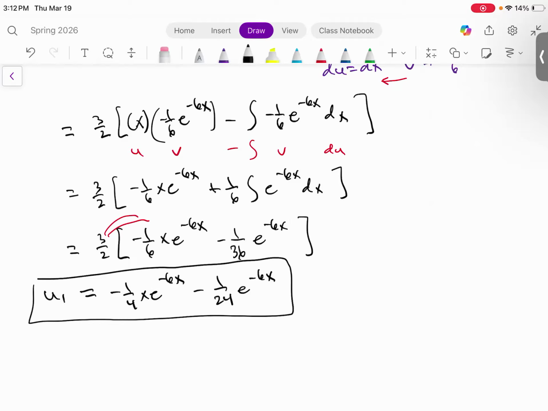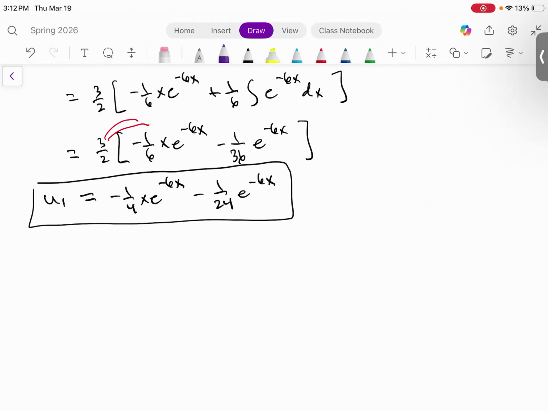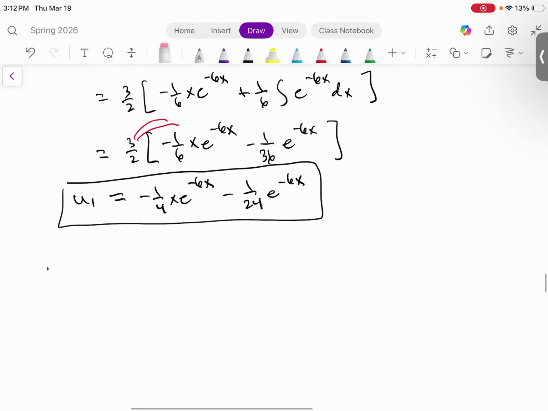Okay, so that was, I'm betting, the hard integral to work with. Not necessarily hard, just a little more work with integration by parts and having to use the chain rule and some mental U substitution. So let's check out U2 and see what that would give us. So U2 is the integral of y1 times our input function f over the Wronskian of y1 and y2 dx.